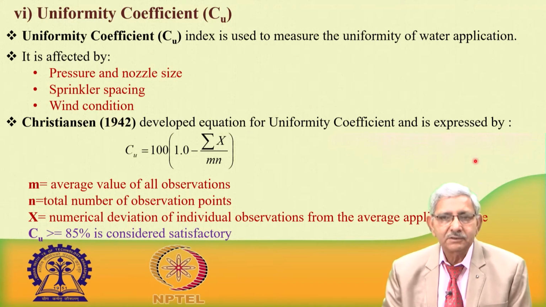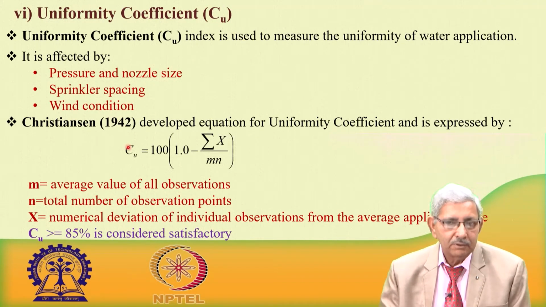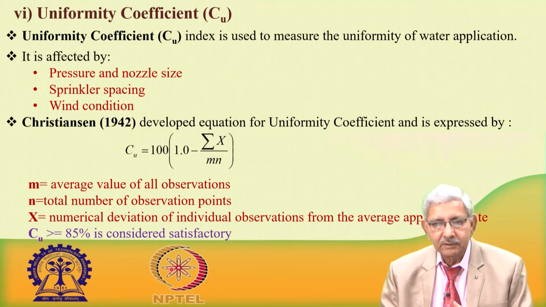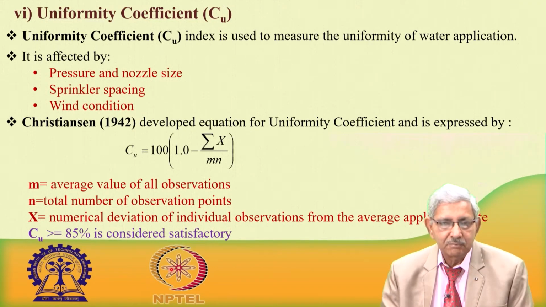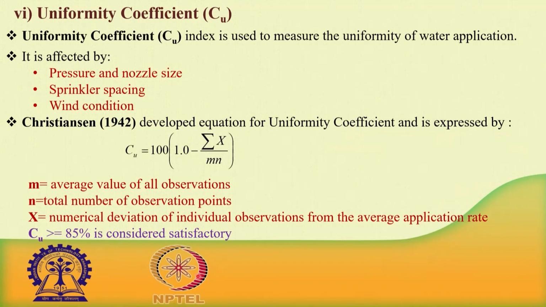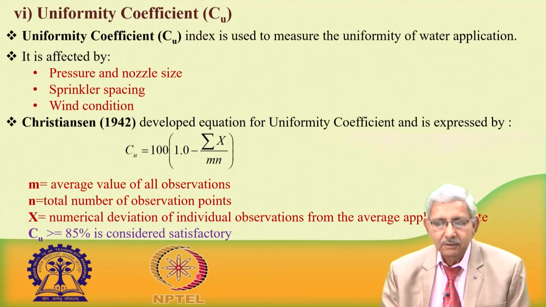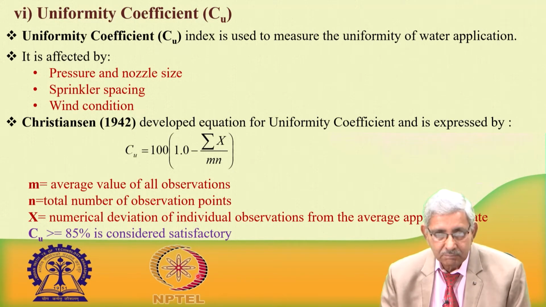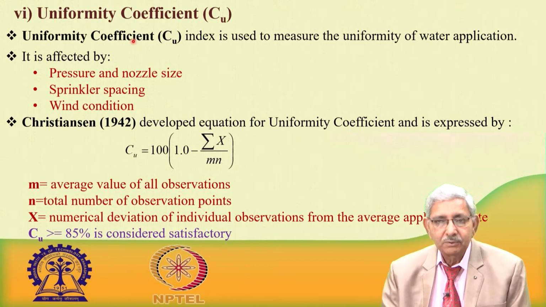Wind may cause drift in the water distribution pattern. So, we need to take care while deciding the spacing between sprinklers, depending upon the application rate and the operating pressure. That is going to make the difference in the value of the uniformity coefficient.